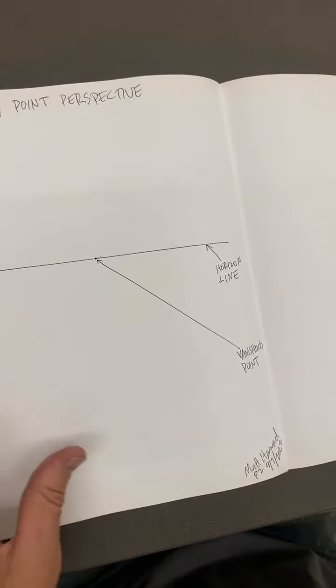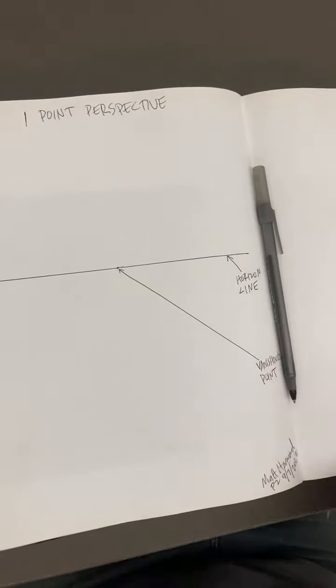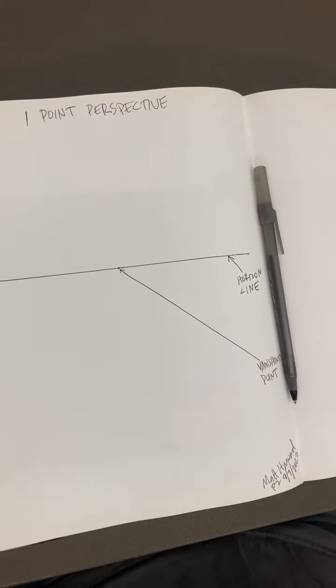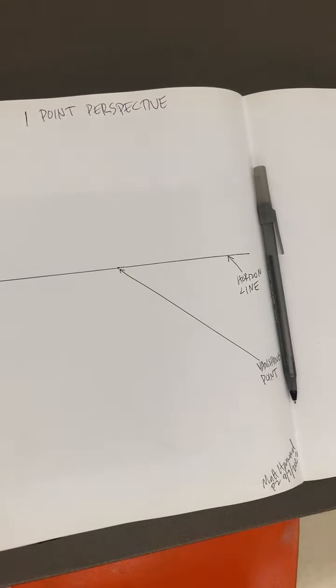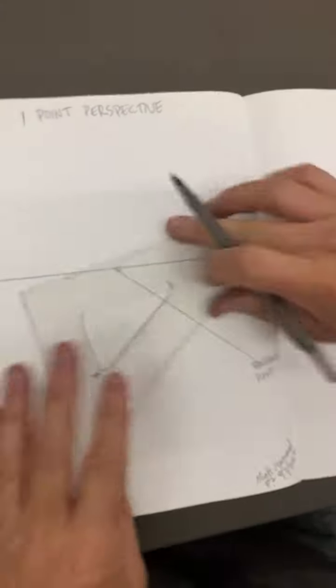And what we're going to do is draw a bunch of boxes, okay? Because in order to draw realistically, we've got to understand boxes. You've got to understand that. So here we go.